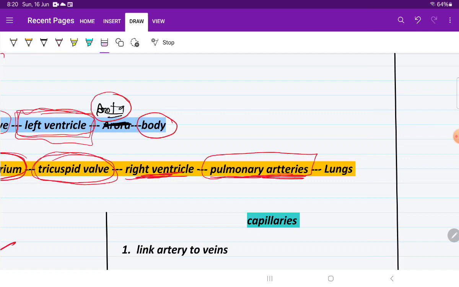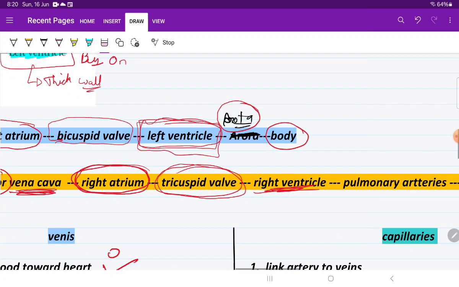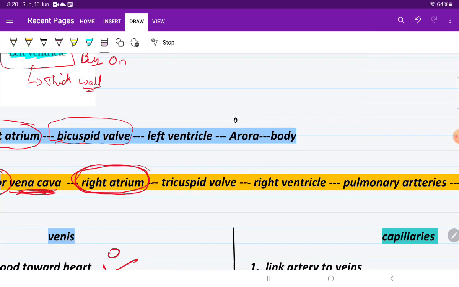I have made a mistake. Pulmonary arteries, I am highlighting them also. Pulmonary arteries are there, and then blood is sent to the lungs.